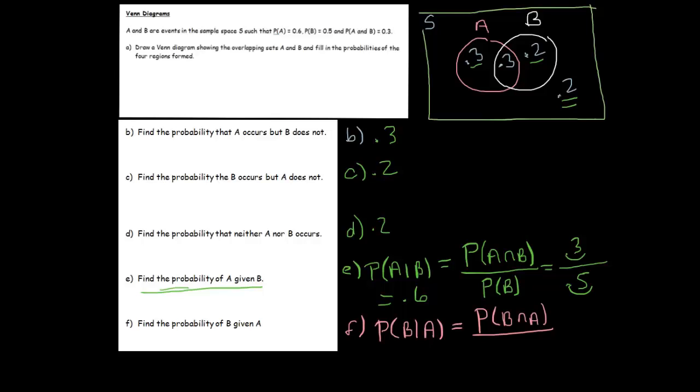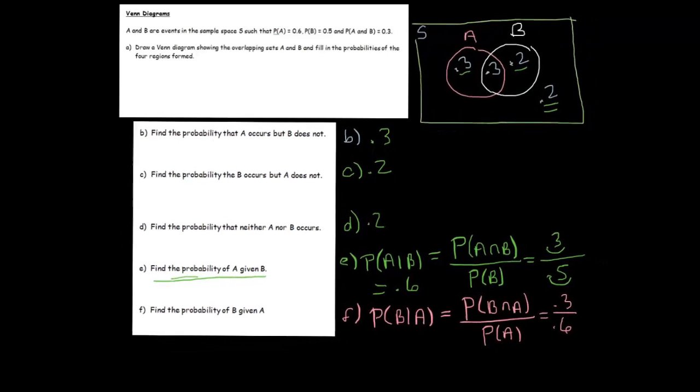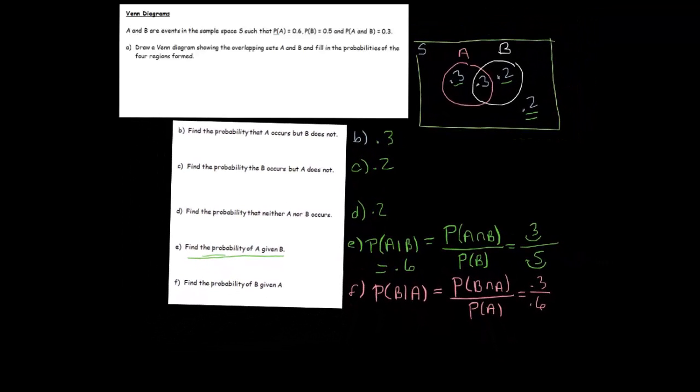So either way you think about it, divided by the probability of A, since we know that A happened. So the probability of B and A again is 0.3 divided by the probability of just A, which is 0.6. And this reduces to, moving the decimal over, 3/6 or 0.5.